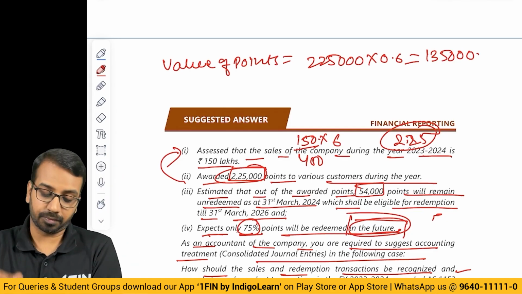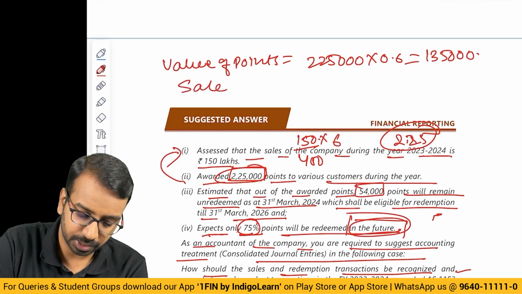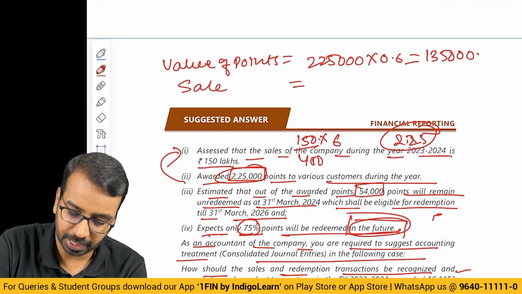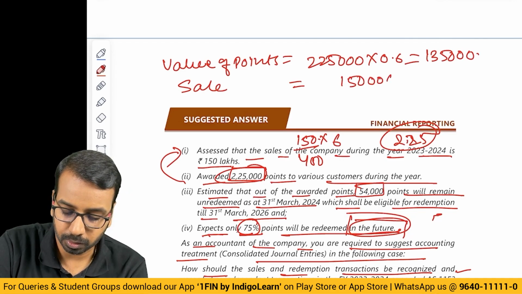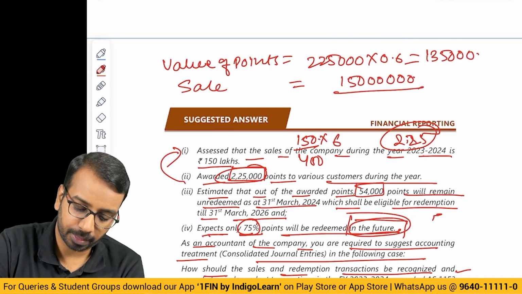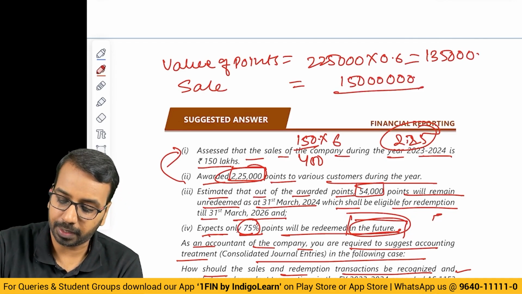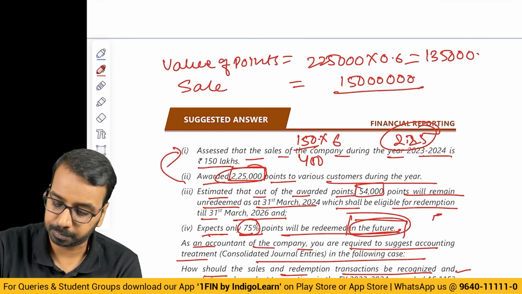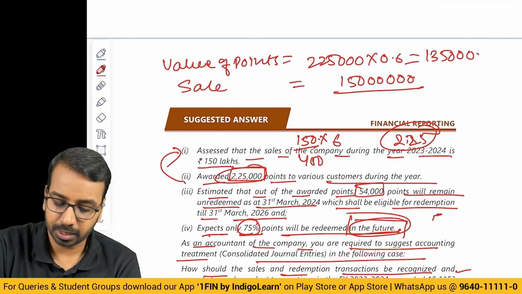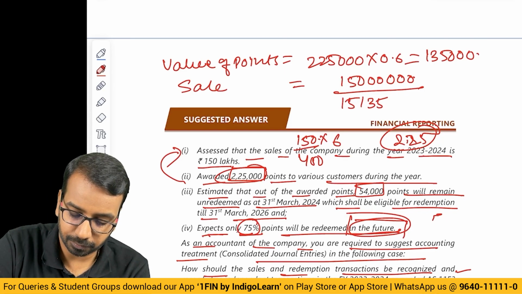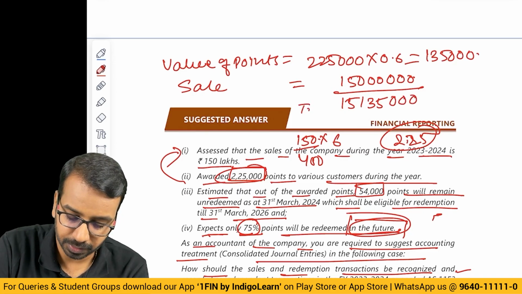Sale value is how much? Sale value is 150 lakhs. So the total is 135,000 plus 150 lakhs, you get 15135,000. This is the total.